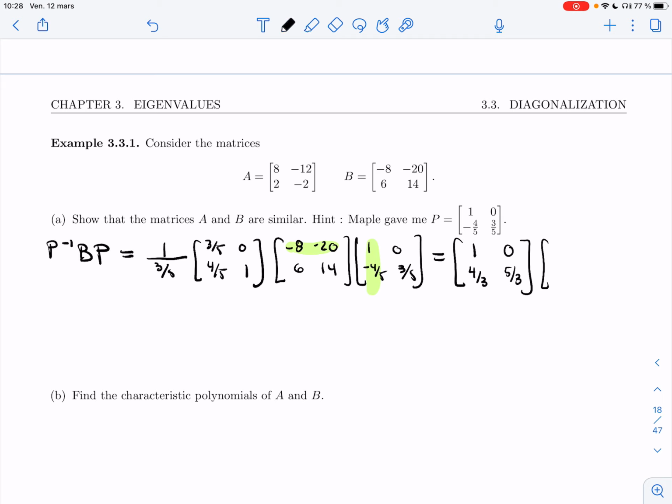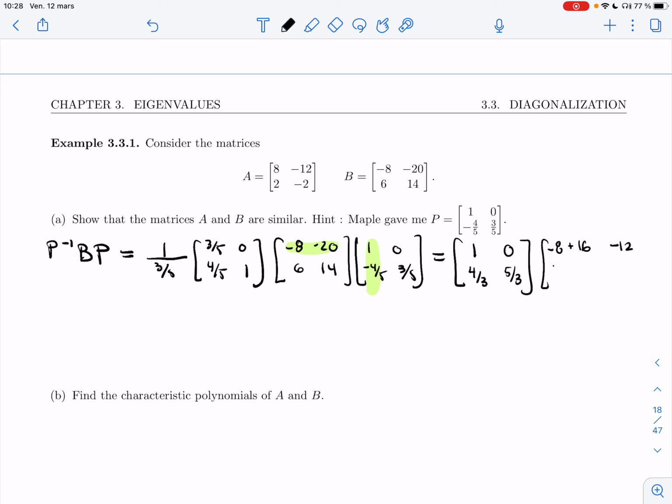So I get -8 plus 80 over 5, that's 16. And then I get 0, that's -12, the 5 cancels. I'm going to need more room probably here.